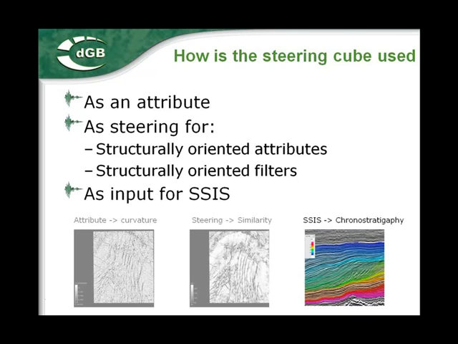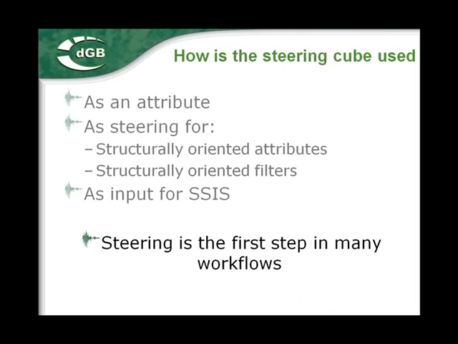And finally, we use the dip steering as input for our SSIS plugin, which is another dGB plugin for stratigraphic interpretation. So you see, in-house, and I assume also for many of our users of our software, creating the steering is the first step in many different workflows, and that's why it's important to do it well.